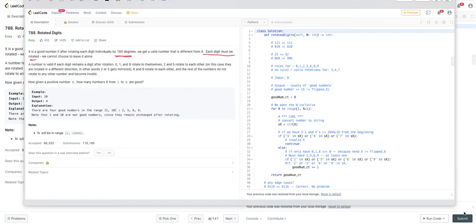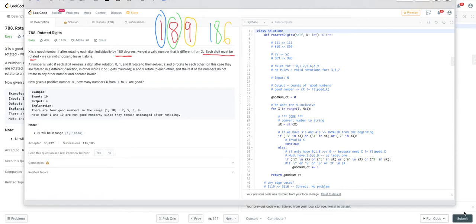If you have 1, 8, 9, then you're supposed to flip everyone individually. So that becomes a 1. This becomes an 8, and we'll get to why it is what it is. And this becomes a 6. So each individually.